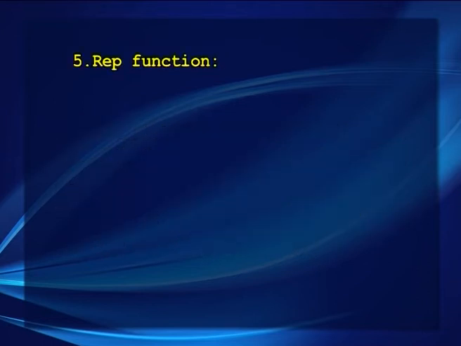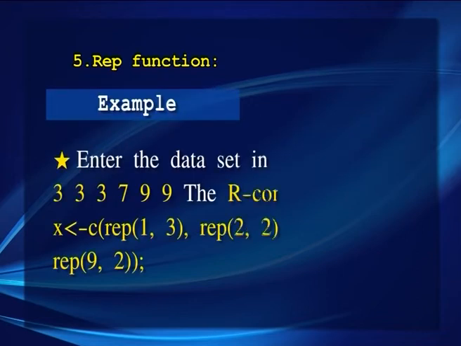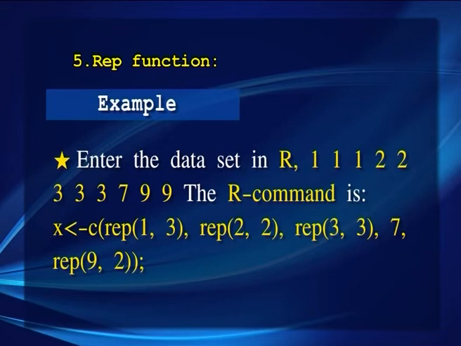Next we see the rep function. In order to enter data containing repeated values, the rep function is useful. Example: enter the data set in R 1, 1, 1, 2, 2, 3, 3, 3, 7, 9, 9.